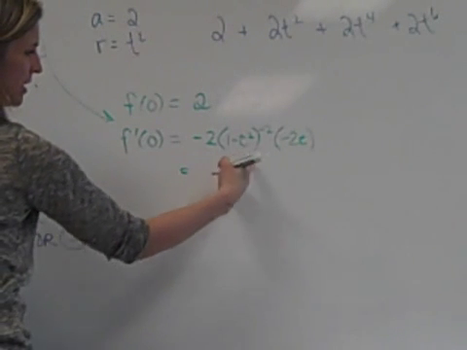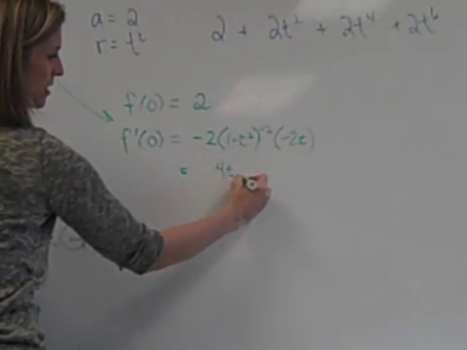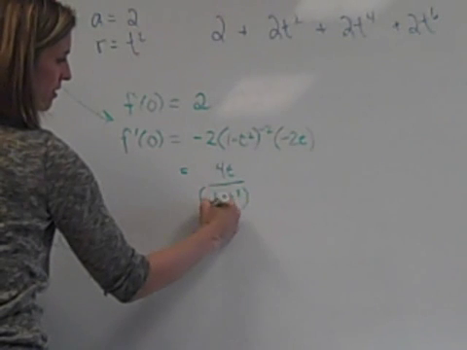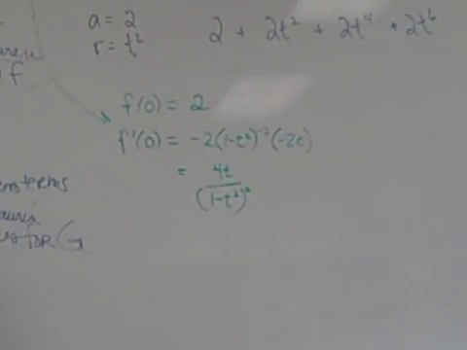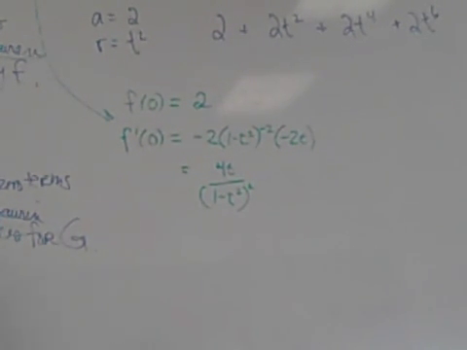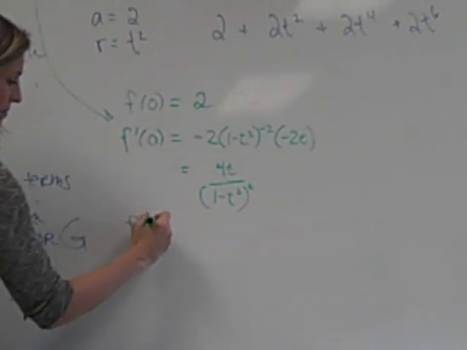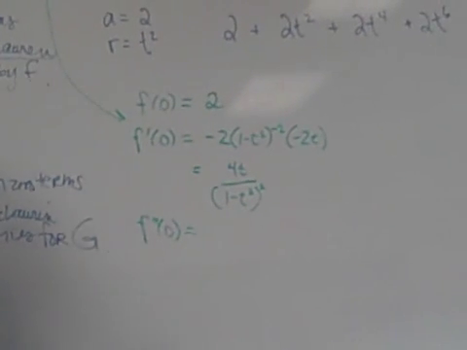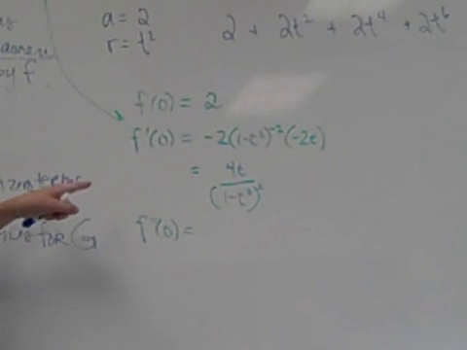So this is going to be 4t over 1 minus t squared, squared. Oh gosh. But it's 0. So it's going to give me 0, but now I have to find the next one. Now I have to use quotient rule and power rule at the same time.